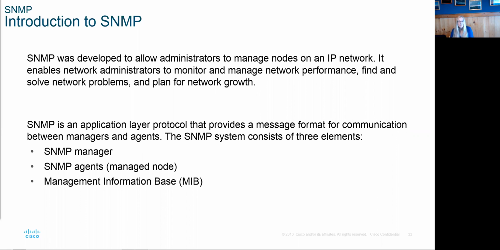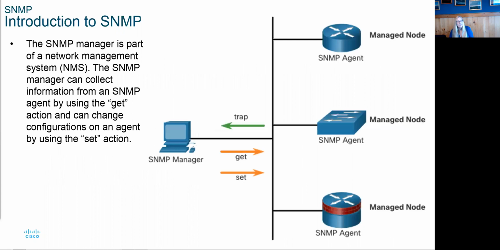The manager polls the agents and queries the MIB for SNMP agents on UDP port 161. SNMP agents send any SNMP traps to the SNMP manager on UDP port 162. So please remember that UDP ports 161 and 162 are the operative ports for this management tool.